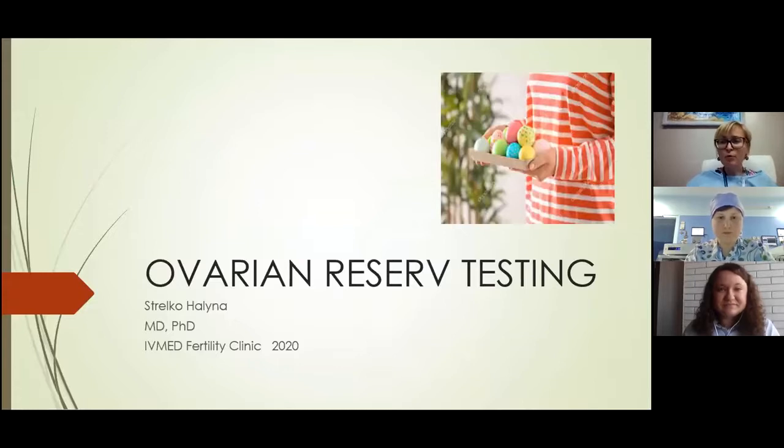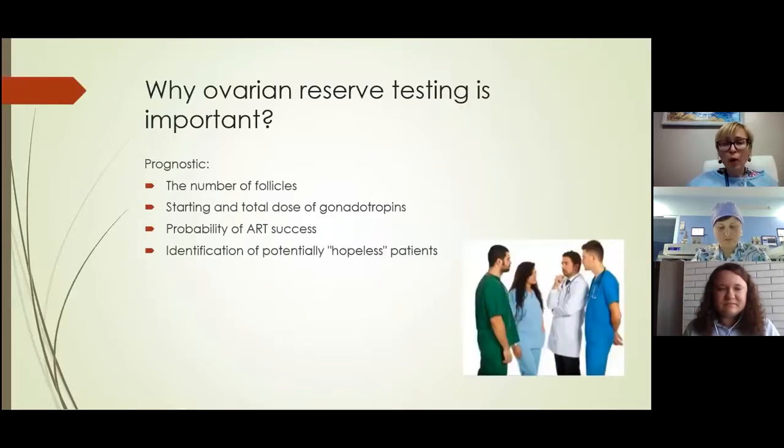So today we will talk about ovarian reserve testing, about markers of ovarian reserve, and about the possibility to improve this ovarian reserve if it is not so good. So why is the testing of ovarian reserve so important? Why do we discuss this topic?